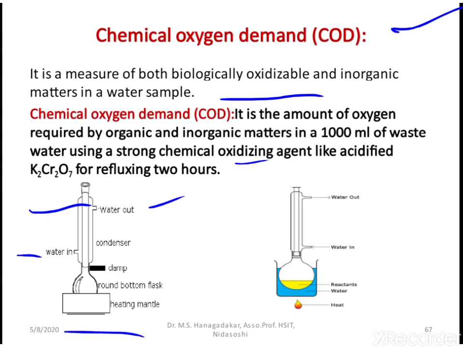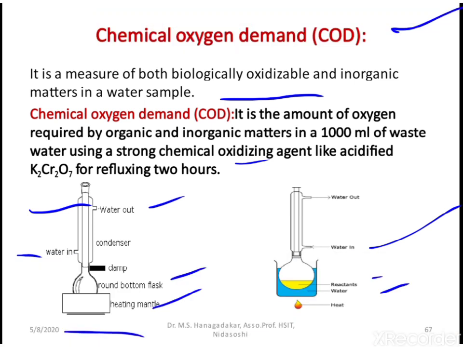You have the RB flask for the reaction of the reactants, and here you have the heating mantle or heater to heat the reaction mixture. Now let us discuss the experimental setup. In this, we take a known volume of the wastewater sample mixed with the reactants.